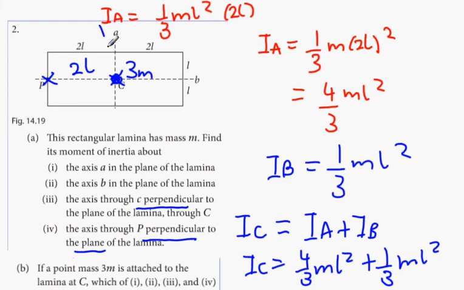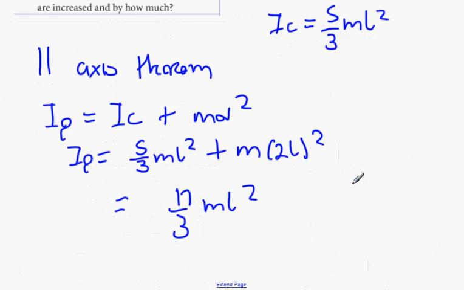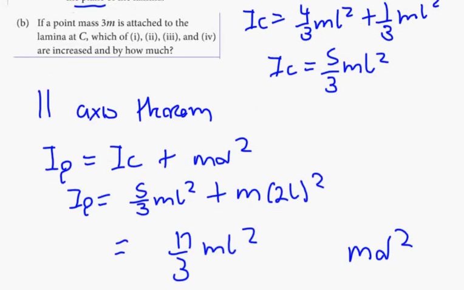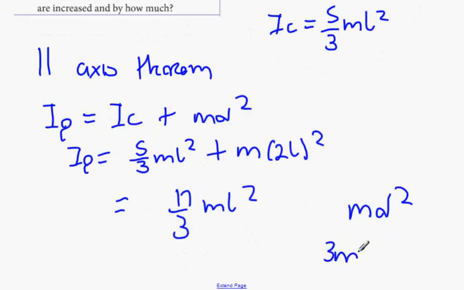Because x, y and z all go through this point, none of them are increased. The only one that is increased is P, because P is away from the centre of gravity. And remember, when you add on a new object, it's md squared. So you're adding on a 3m mass, is it? 3m times 2l squared. And that will add on 12 ml squared.